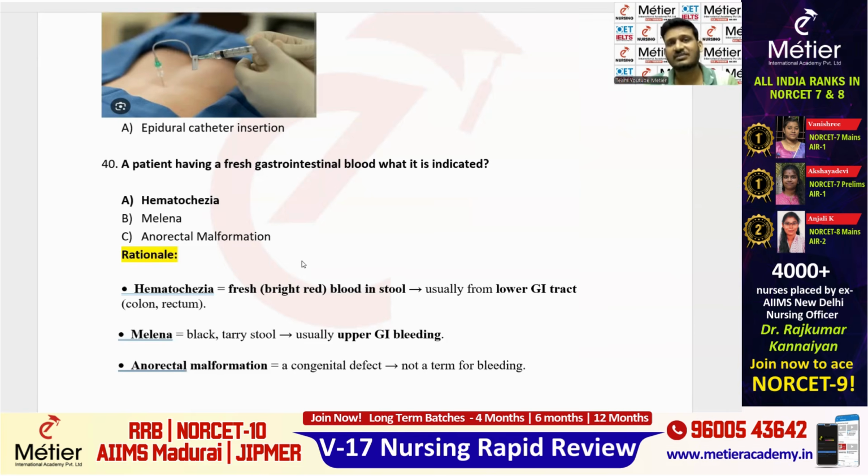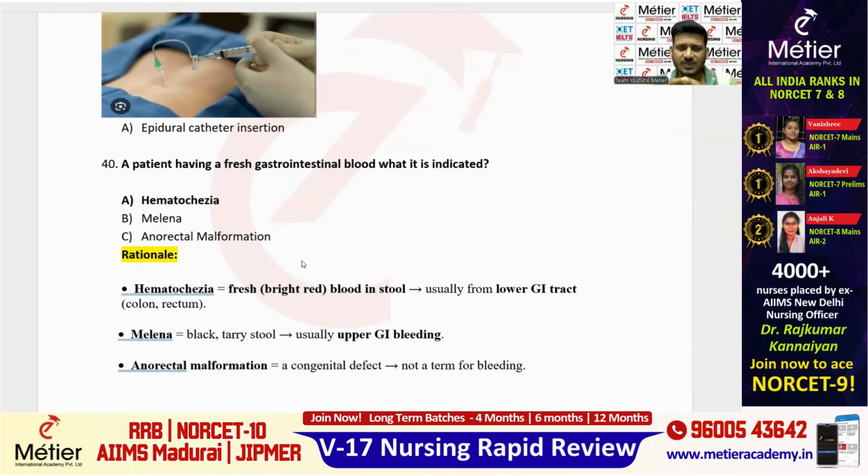The last one: a patient having fresh GI bleeding, or upper GI bleeding. When these kinds of words are present, the patient will be having what? Fresh GI bleeding usually seen in upper GI bleeding, the patient will be having vomiting, hematemesis.